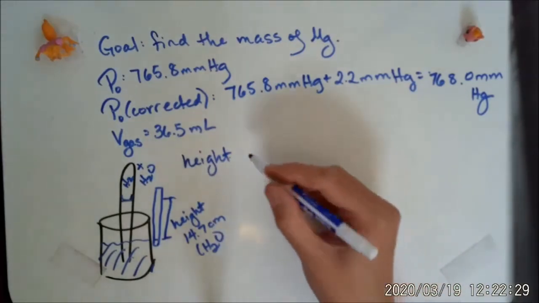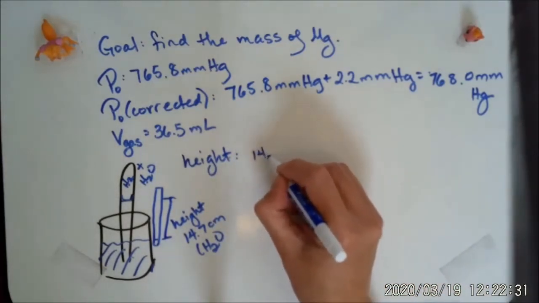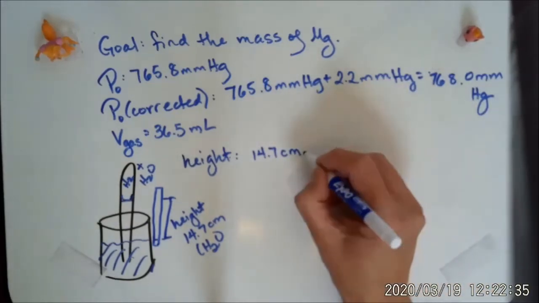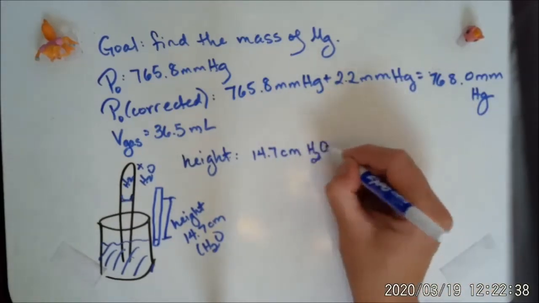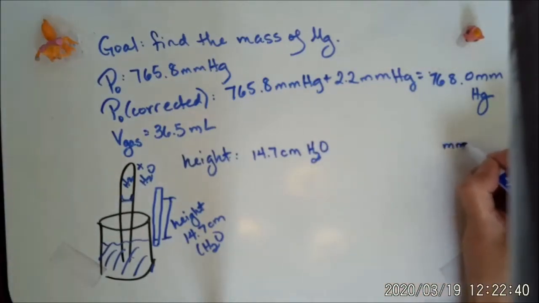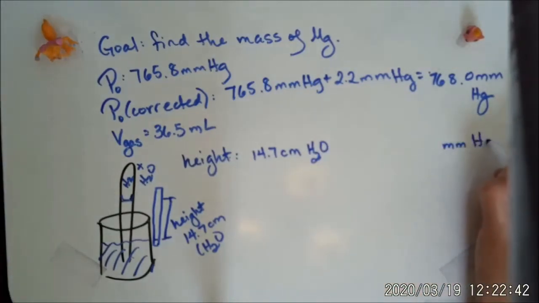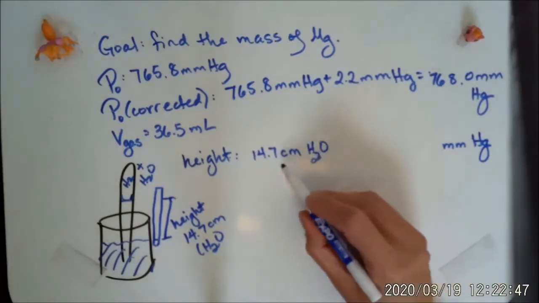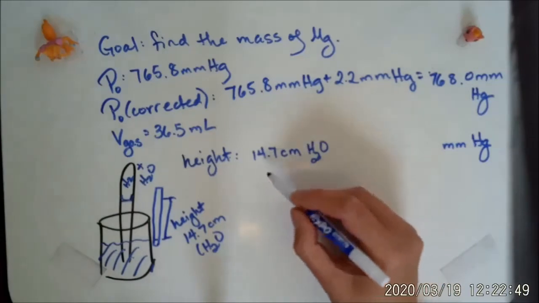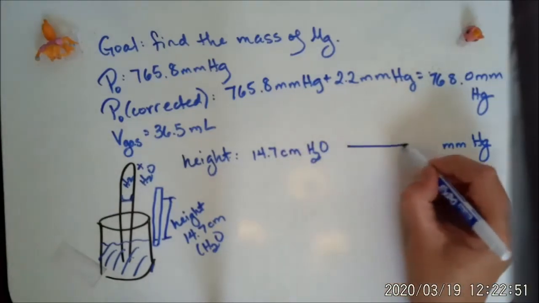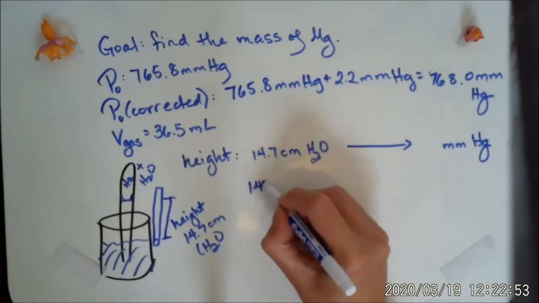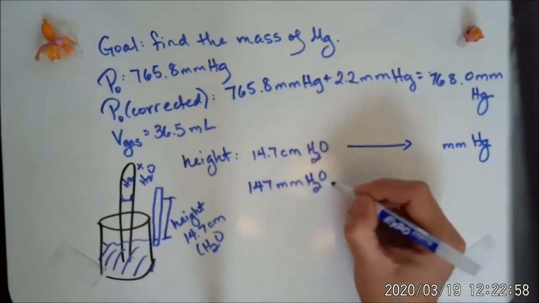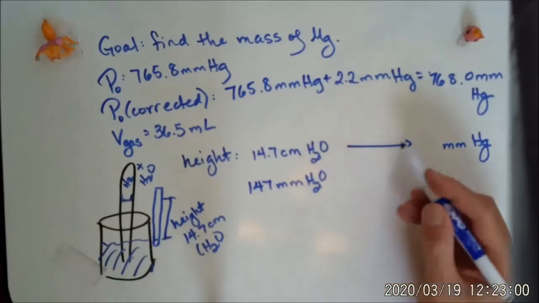So we need to convert this height from 14.7 centimeters, okay, water. We need to convert it to millimeters mercury. Okay, so we know that this is the same as saying 147 millimeters water, because we know that there are 10 millimeters in 1 centimeter.